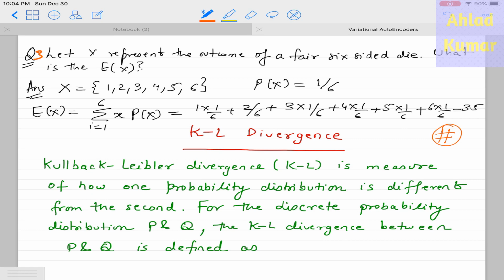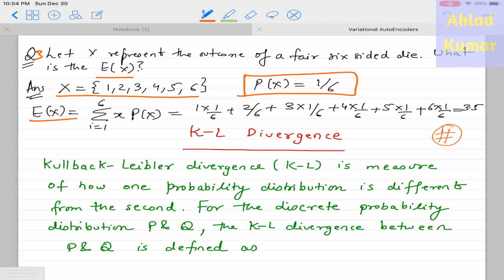The next example is about expectations. Let X represent the outcome of a fair die, then what is the expectation of this X? As we discussed, the sample space of this fair die is 1, 2, 3, 4, 5 and 6, and we also discussed that the probability of obtaining each of these outcomes is 1 by 6.